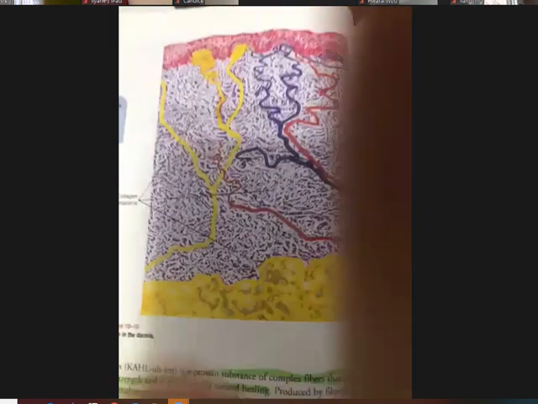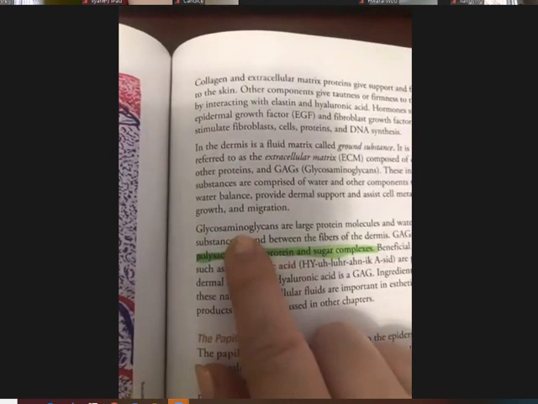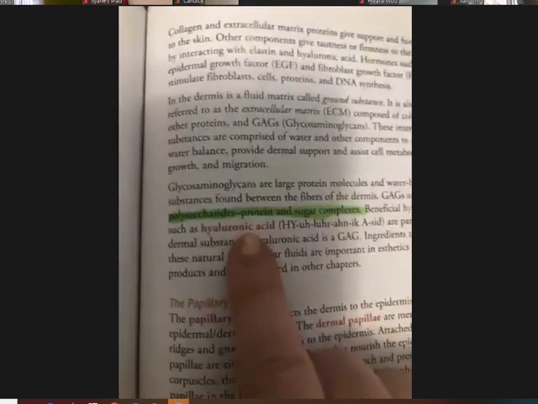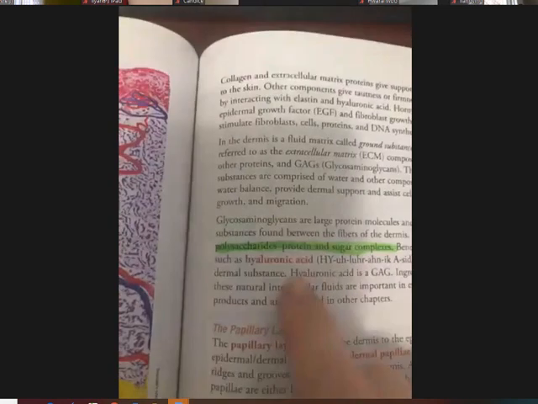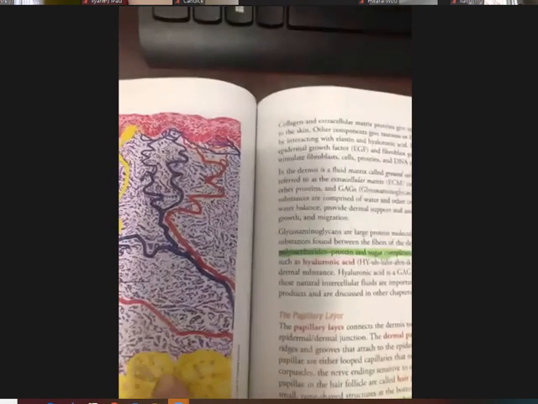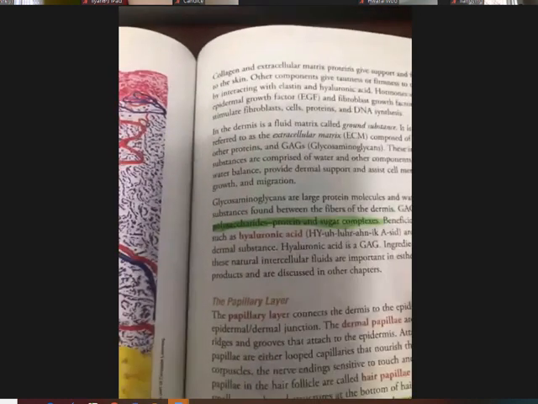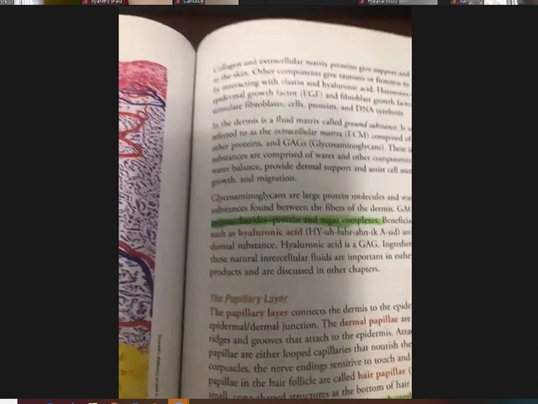That means in your dermis, okay, you will find proteins called glycosaminoglycans and hyaluronic acid. Okay, these are found in your dermis to maintain intercellular fluid, so your skin will not dry up.